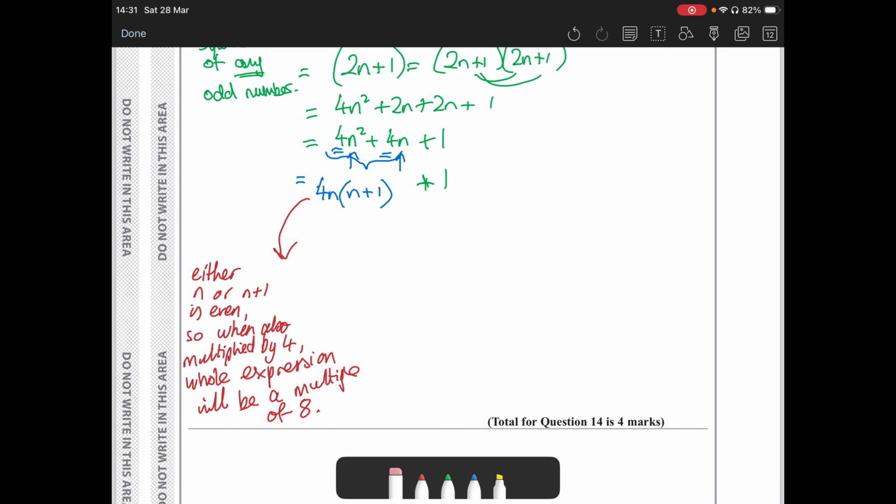And the important thing is either one of those two has to be even. And because an even number is in the 2 times tables, when you times that even number by 4, it automatically becomes a number in the 8 times table, right? Take any even number, times it by 4, and it has to be divisible by 8, because even numbers are divisible by 2, so times 4 has to be divisible by 8. Cool. So there we have it.